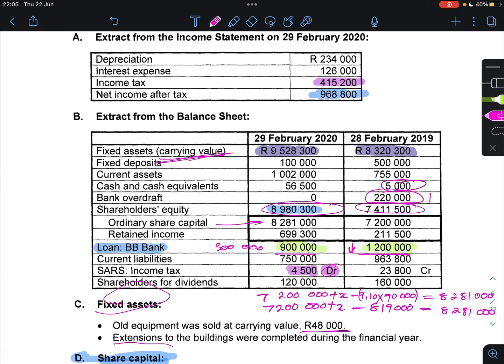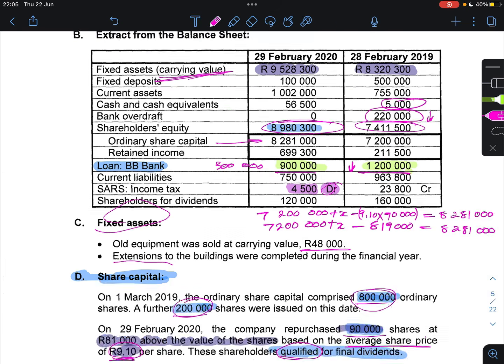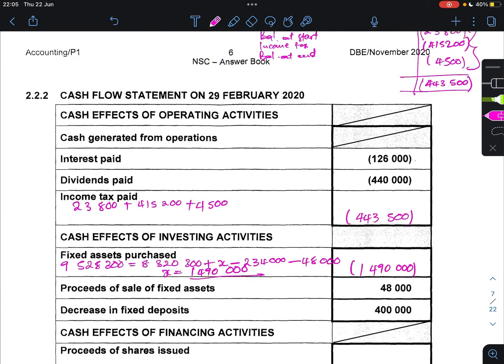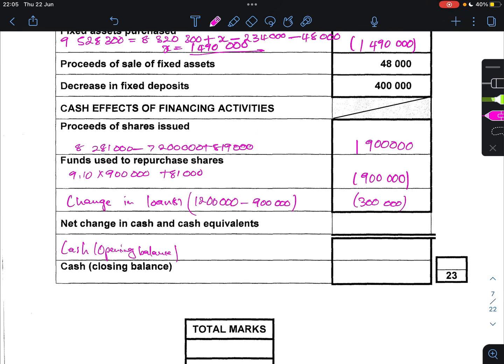So our bank overdraft will decrease our cash and cash equivalent. So we had 5,000 minus 220,000. There we are going to get a negative balance of 215,000.